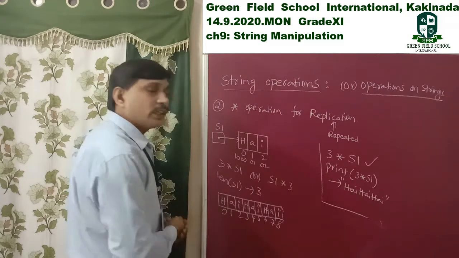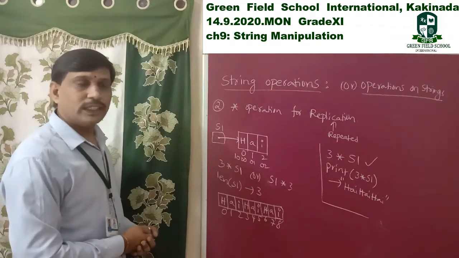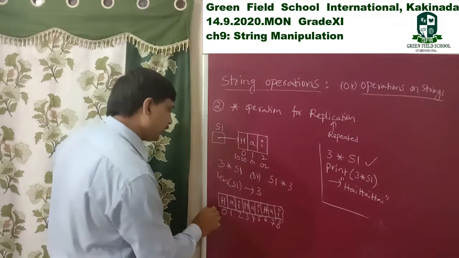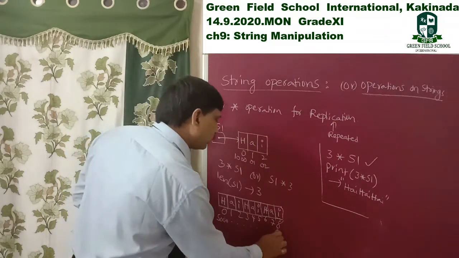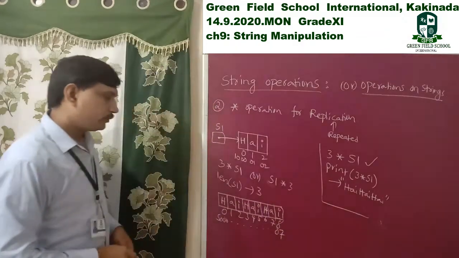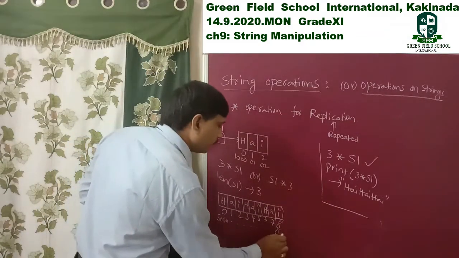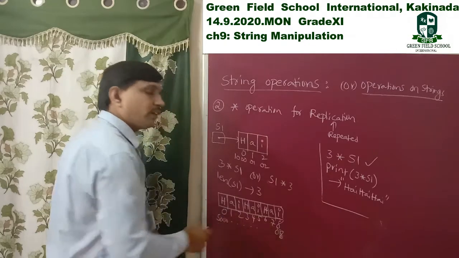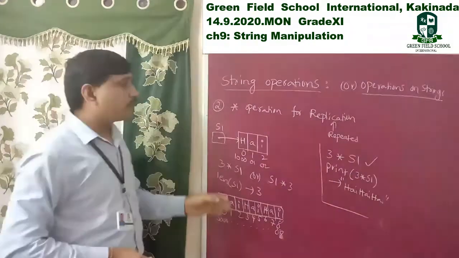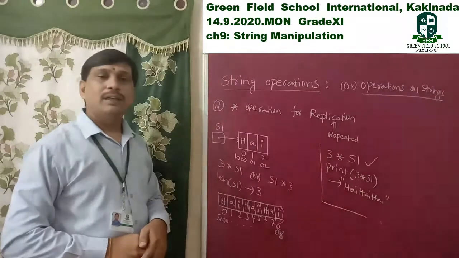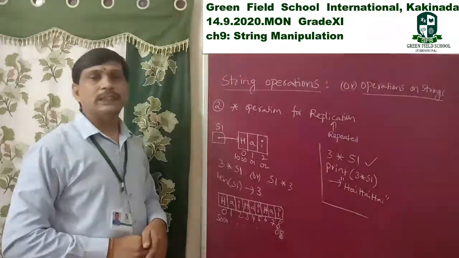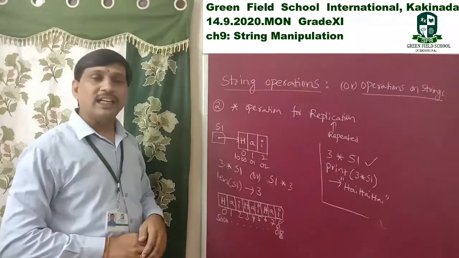This one is a new string and it occupies memory address locations 5000 to 5008. In this way we apply string repetition or replication by using the star operation.